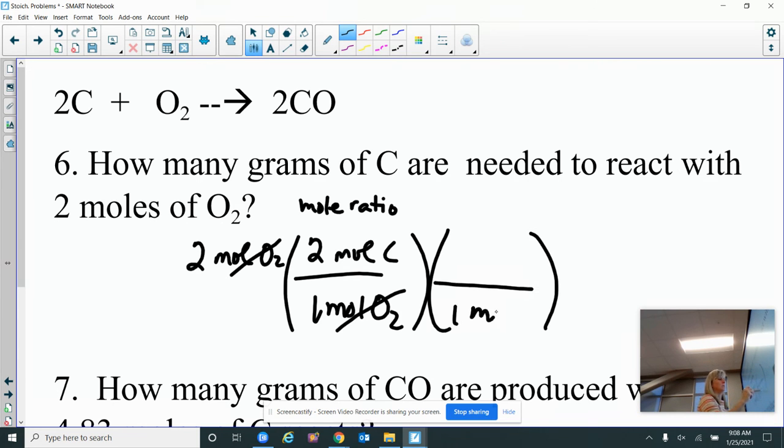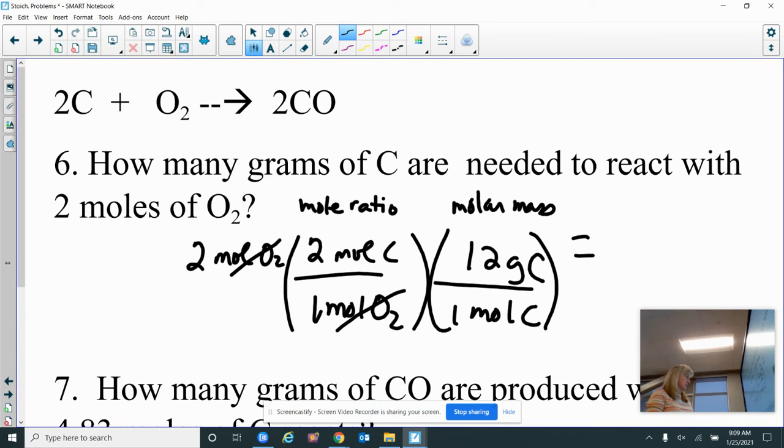Now, 1 mole of carbon weighs 12 grams. That's the molar mass. So from moles of oxygen, we get to moles of carbon with the mole ratio. Then we use molar mass to get to grams of carbon. So that will give us 4 times 12. That will give us 48 grams of carbon.